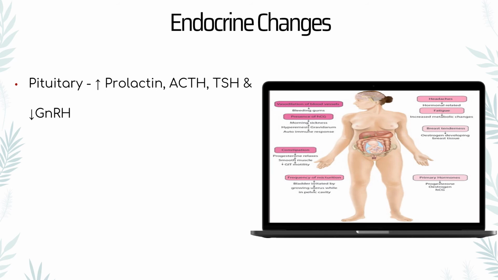Anterior pituitary: the anterior pituitary gland increases in size by 50% and shows hyperplasia of the lactotrophs. Prolactin level increases progressively throughout the pregnancy under the influence of high level of estrogen, and then the ACTH increases.